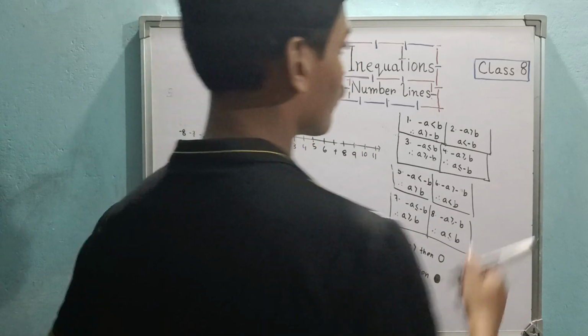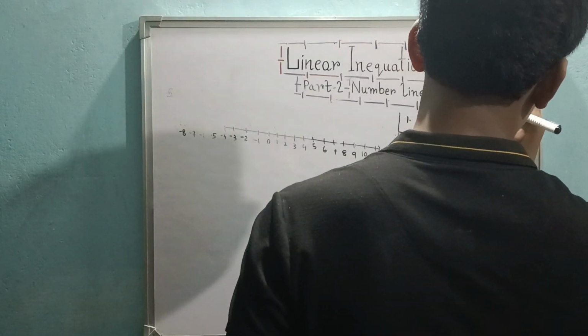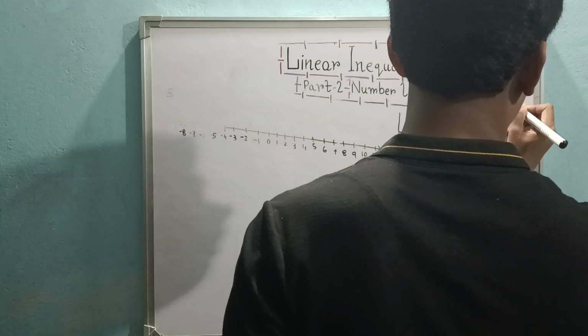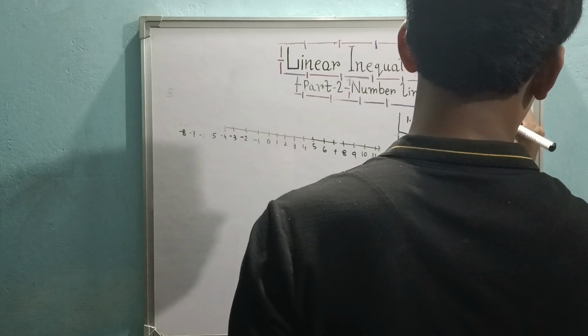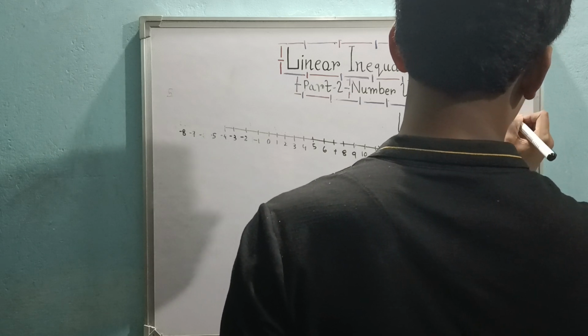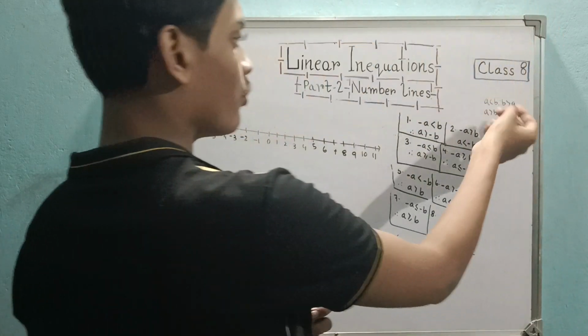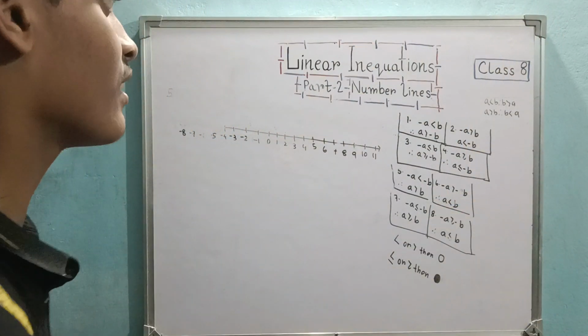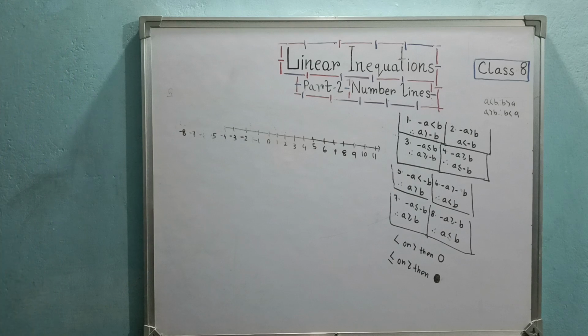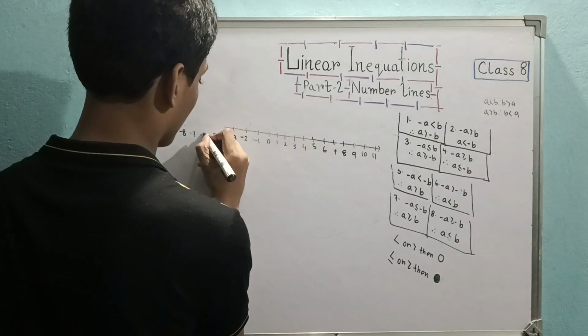We also learned this rule: a less than b, then b greater than a; a greater than b, therefore b less than a. So if you interchange the positions of the numbers, then the sign gets changed. We also learned that. Remember it. Don't forget it.